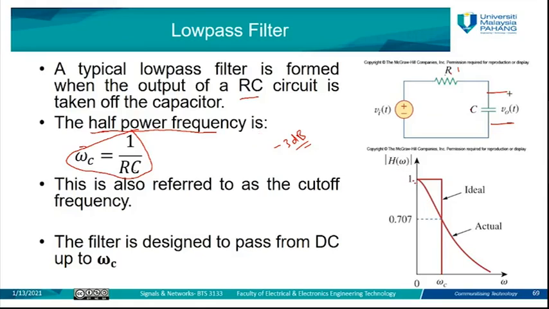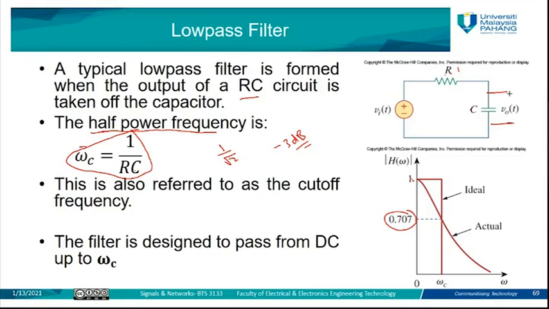So to reach half of the maximum power, the magnitude at the cutoff frequency equals 1 over root 2, or 0.707. Okay, so this graph represents the magnitude of the transfer function.